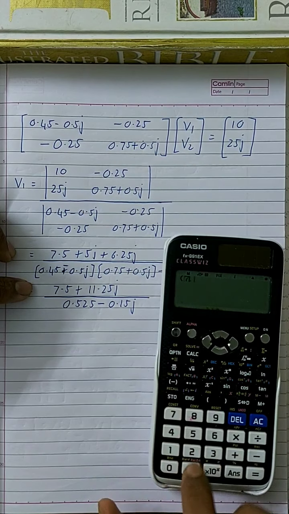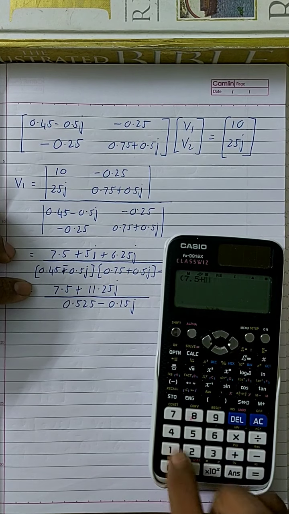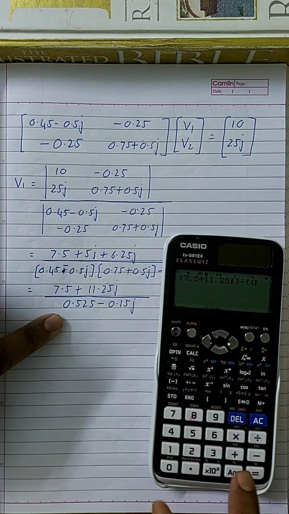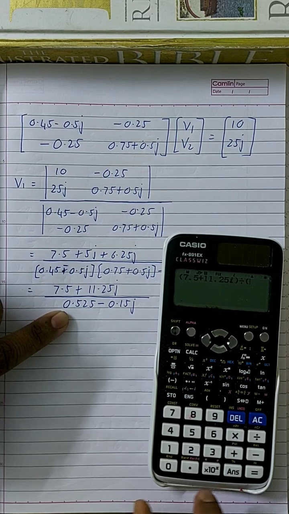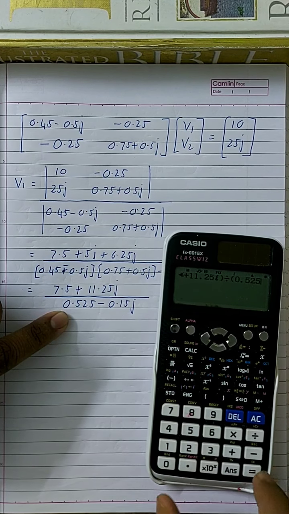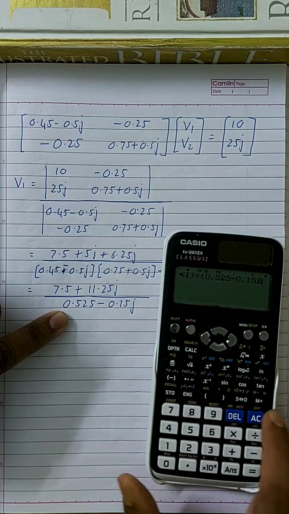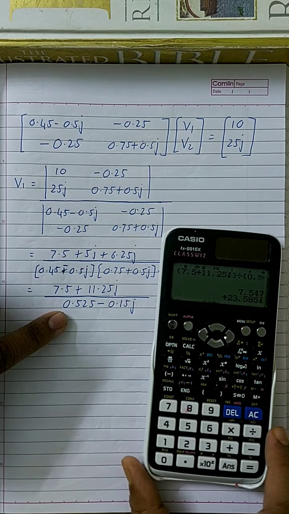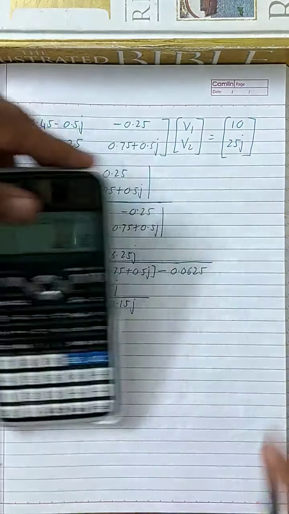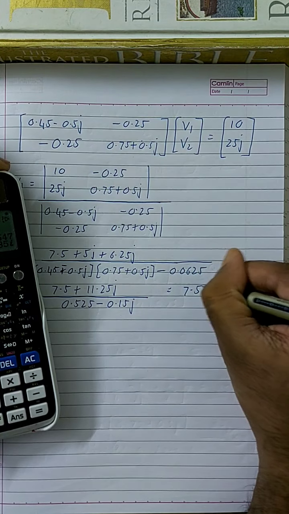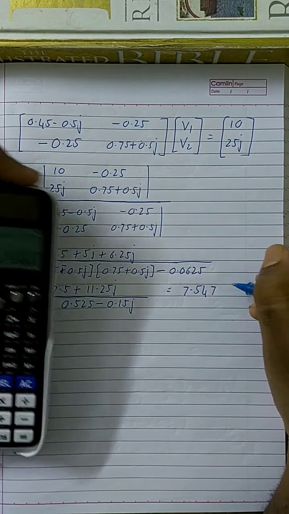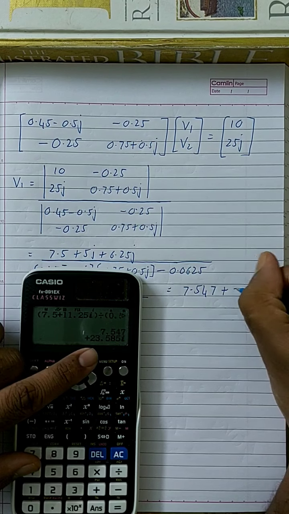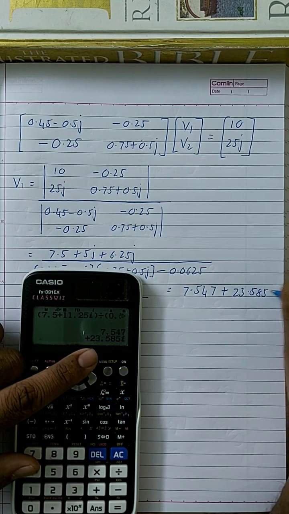Okay, so which means the value of V1 is, bracket 7.5 plus 11.25j divided by bracket 0.525 minus 0.15j, and you will get the answer as 7.547 plus 23.585j.